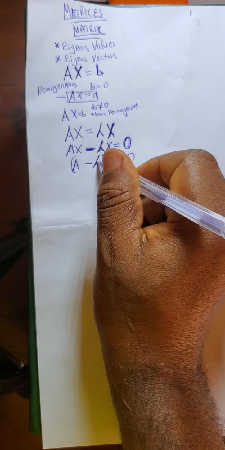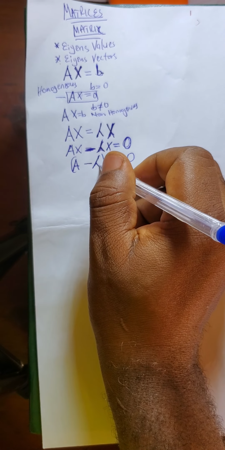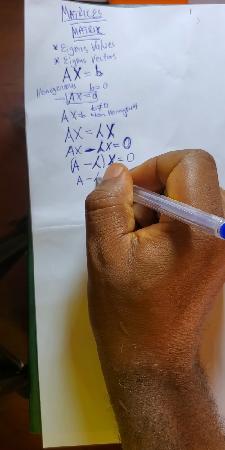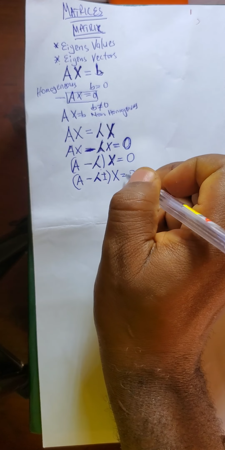Now, because this scalar is an ordinary number, which is not a matrix, we can convert it to a matrix by introducing the identity matrix I to it. So we have A minus this scalar value, which is an eigenvalue, times the identity matrix, multiplying this vector is equal to 0.